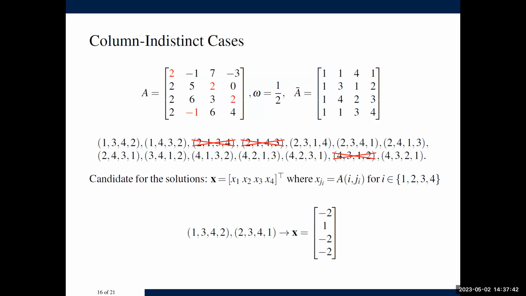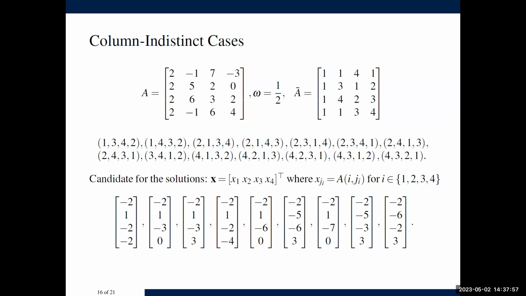Then put the minus, we have that factor x. Now the second permutation will give us the same because we simply switch this one to this one. In total, there are 9 solutions.